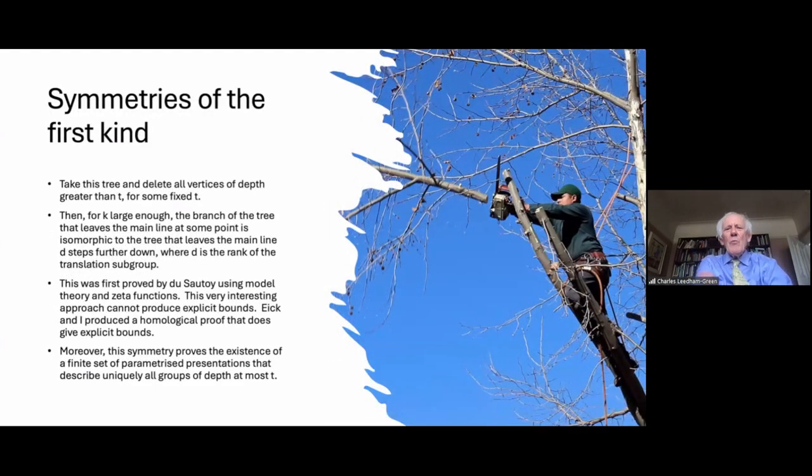So now we want to get some sort of control over this business. So we're looking for symmetries. First of all, if we take this tree and we delete all vertices of depth greater than t for some fixed t, we just cut it off at depth t. Now for k large enough, as you go up the tree, eventually it becomes periodic. Because after a while it becomes periodic, you can get a finite description of the whole setup.